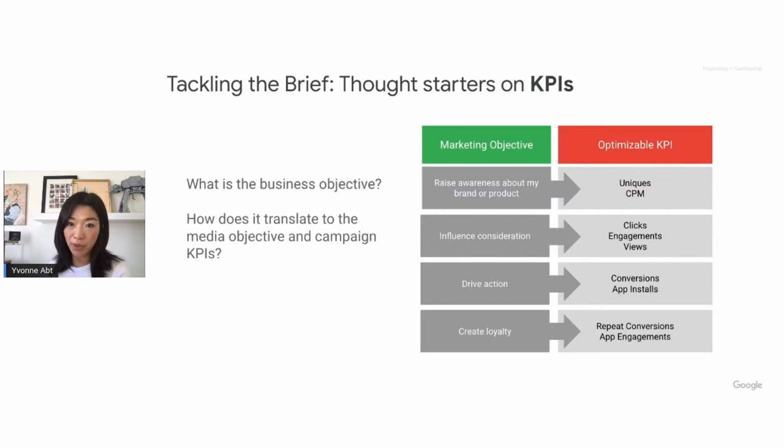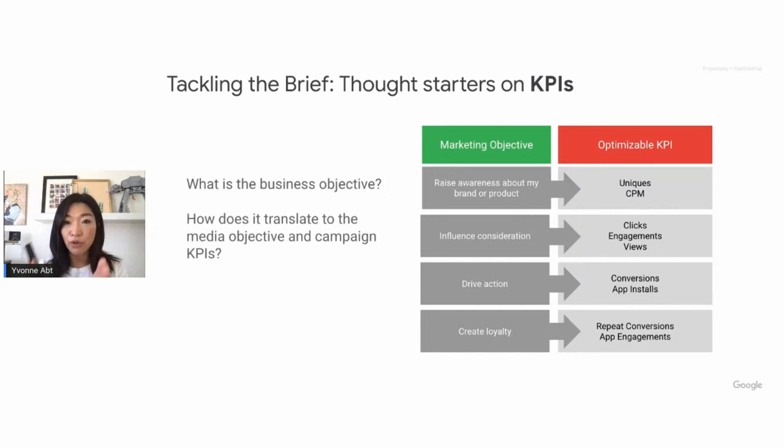What will the campaign ultimately be held up against? How will it be measured? And then for you, it's important to then understand how those marketing objectives translate into a media KPI, key performance indicator, or an optimizable KPI.